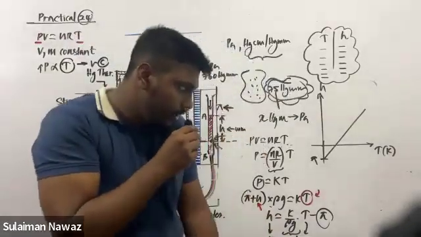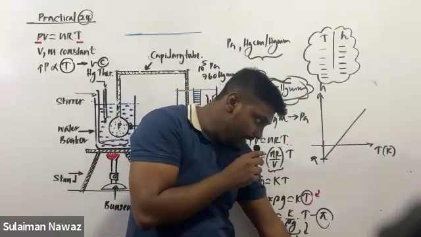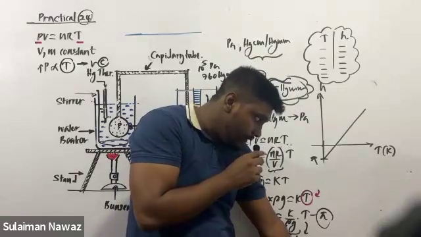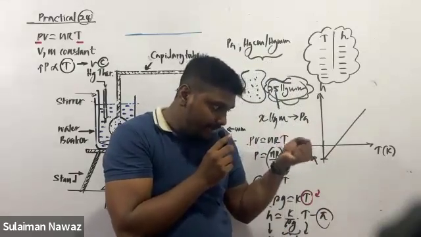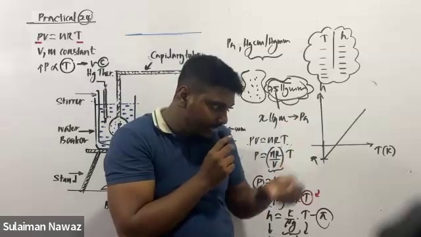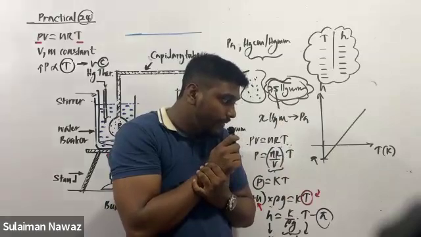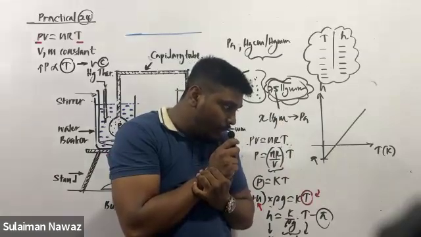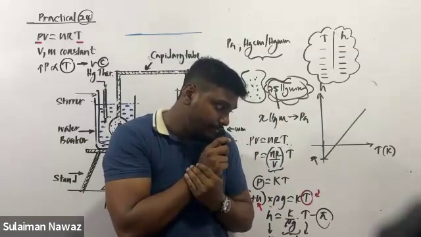Point 4, to ensure that the gas in the bulb has reached the temperature indicated by the thermometer, it is necessary to observe both that the thermometer reading is constant and that the height h is constant.